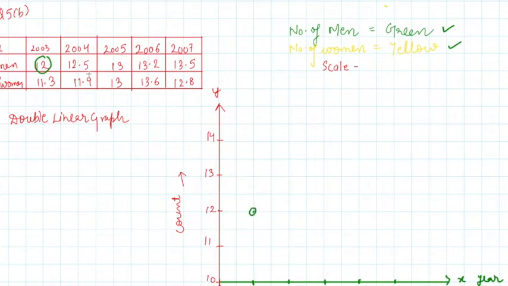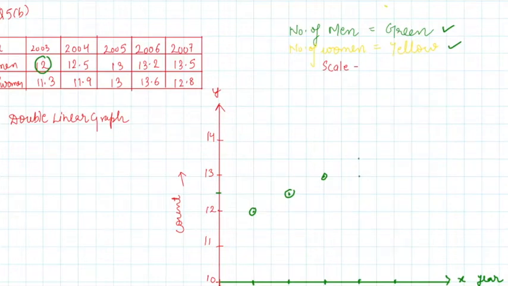Now in 2004, 12.5. 12.5 will be in the middle of 12 and 13, right? This is your 12.5, so this is the second point. In 2005 it goes to 13. Next year it goes 13. Then in 2006 it is 13.2. So this is 2006 and this is your 13.